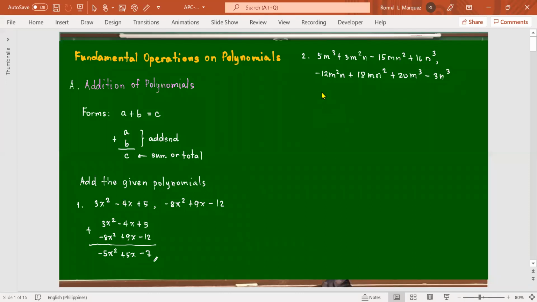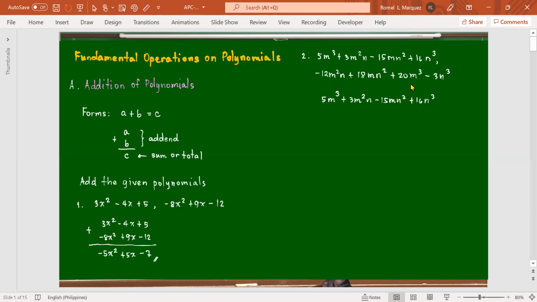So given these two polynomials, if we add them, first we write the first polynomial. Let us arrange this in descending order relative to the variable m. No? 5m cubed plus 3m squared n minus 15mn squared then plus 16n cubed. Okay? So this is already arranged in descending order of powers relative to m.